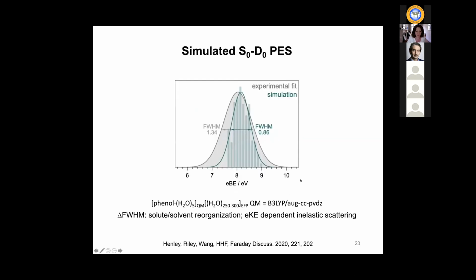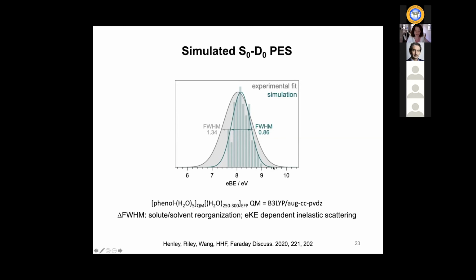So we've also done some simulations of the spectra. So this grey Gaussian here is our experimental fit of the S0 D0 ionization process to our photoelectron spectra. And we've done some QM/EFP calculations to calculate the ionization energy of phenol in an aqueous solution.